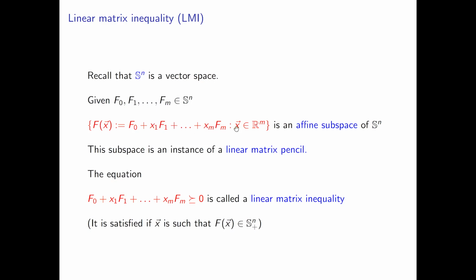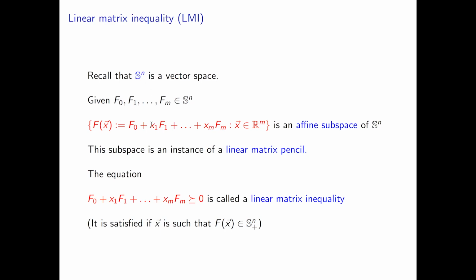So I've got a vector of coefficients which ranges over Rm, and I get a whole family of symmetric matrices. This forms what is called an affine subspace in the space of symmetric matrices. Except for the fact that I've got this non-zero f0 which moves things away from the origin, I'm basically defining a subspace in the space of symmetric matrices. Does that make sense? That geometric picture. Question? The reason you know that it's a subspace is that the set of symmetric matrices is itself a vector space.